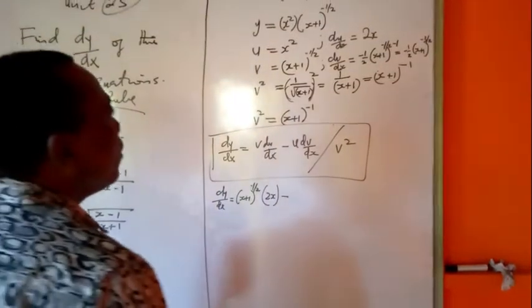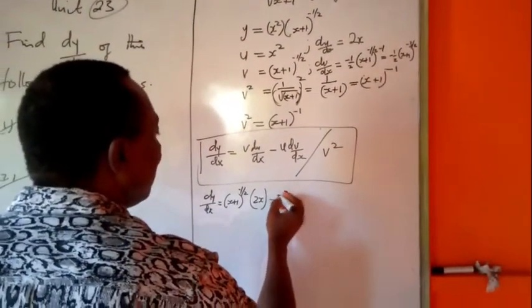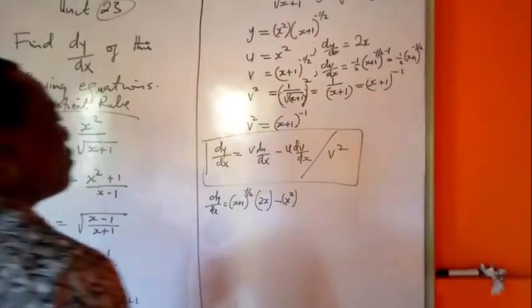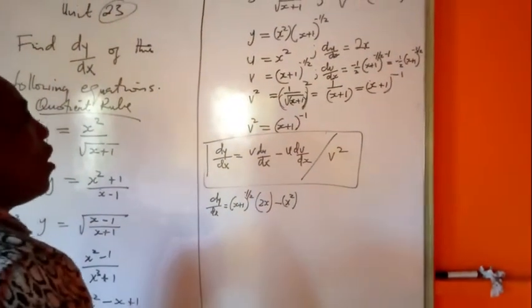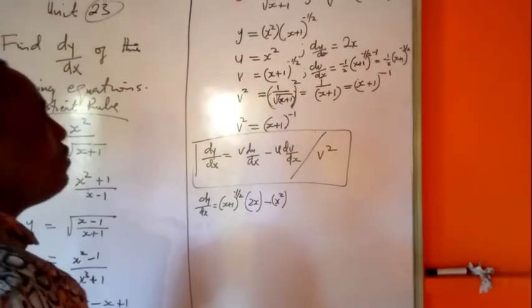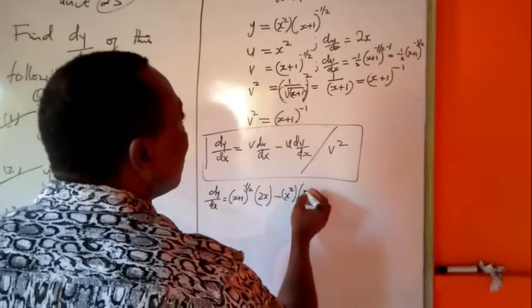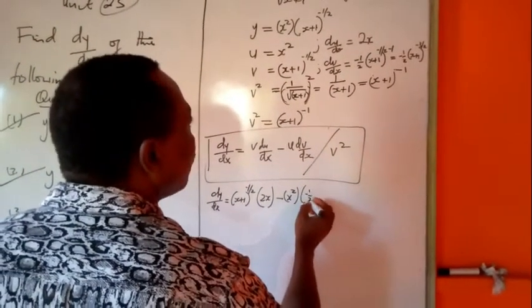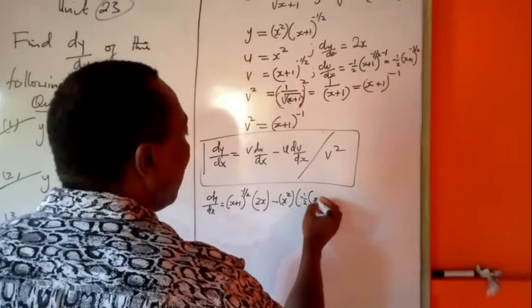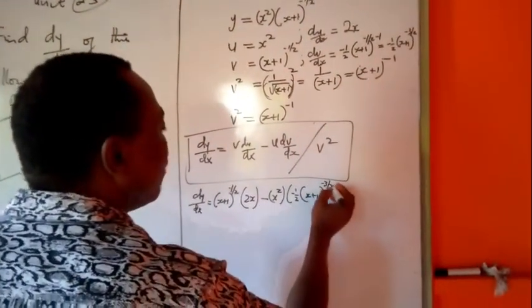Your u is simply x squared. What is your dv/dx? dv/dx is simply minus 1 all over 2 into x plus 1 raised to power minus 3 over 2.